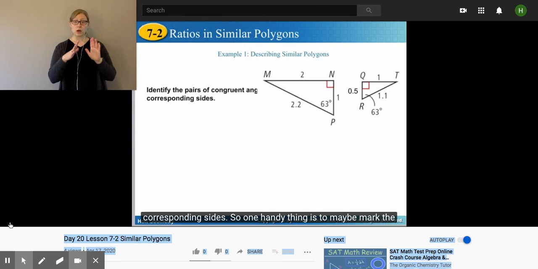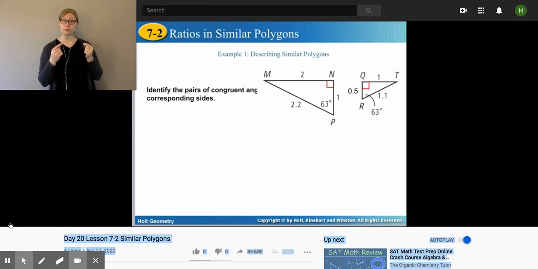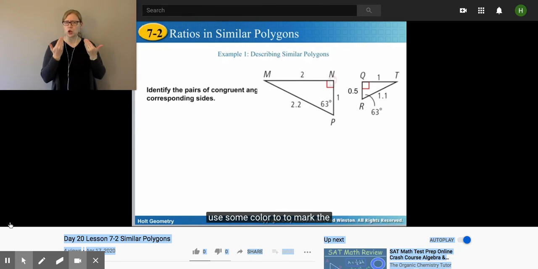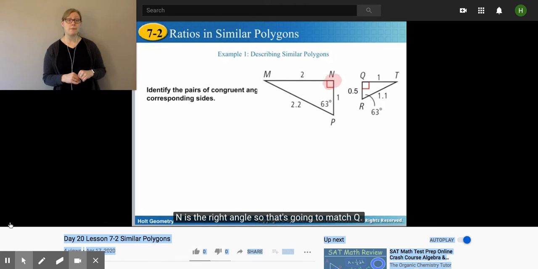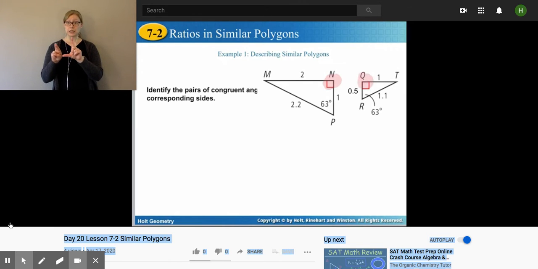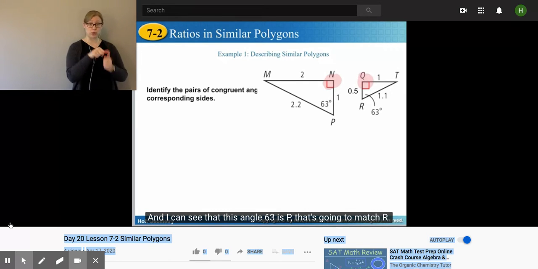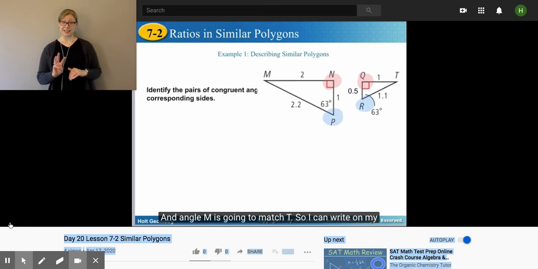So one handy thing is to use some color to mark the corresponding angles and corresponding sides. And so we have N is the right angle, so that's going to match Q. And I can see that this angle 63 is P, that's going to match R. And angle M is going to match T.